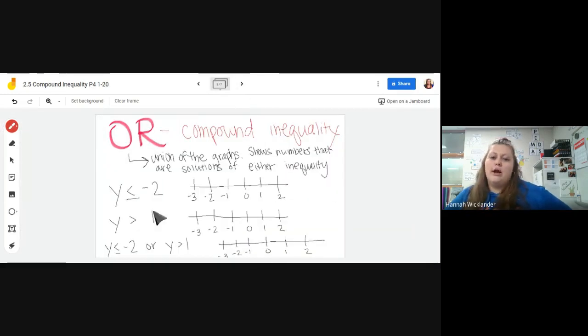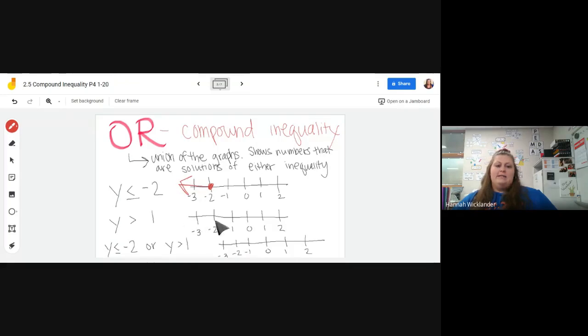Here's an "or" compound inequality. This is a union of the graphs. It shows numbers that are solutions of either inequality. So it's going to show two separate inequalities on one number line together. I have y is less than or equal to -2, which will be a closed circle at -2 going that way.